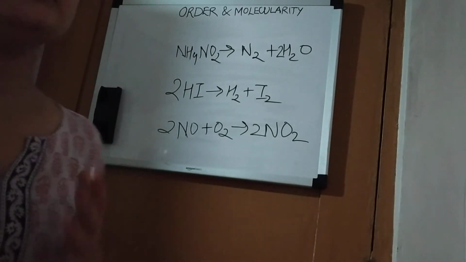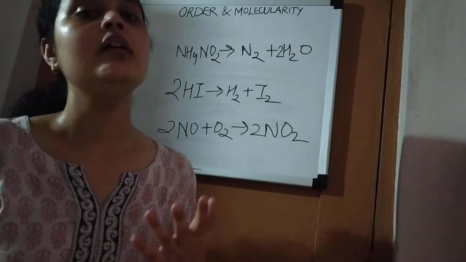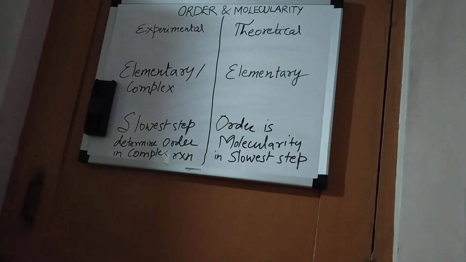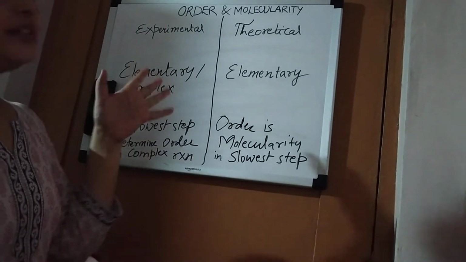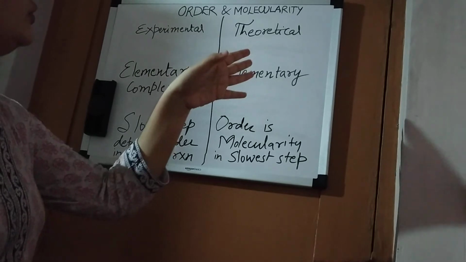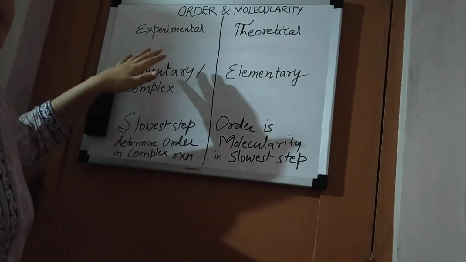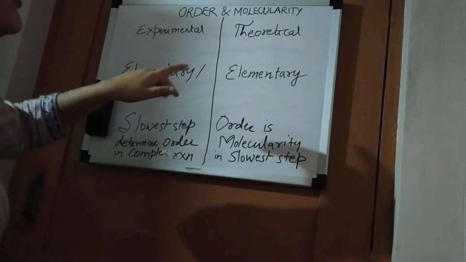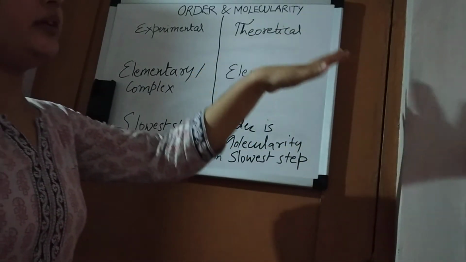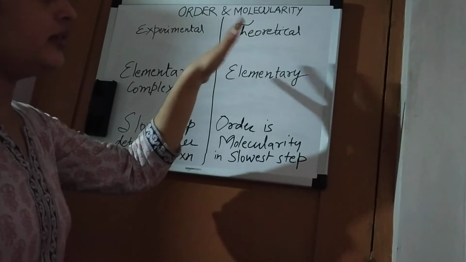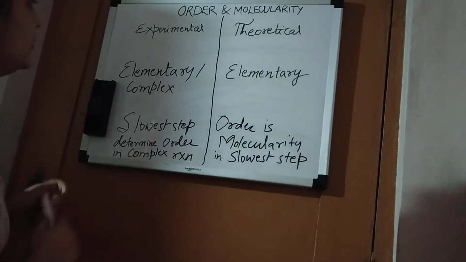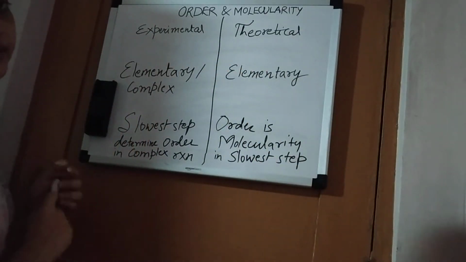Now we'll see what are the differences between order and molecularity. These are the basic differences. Order is an experimental quantity. You can determine order only experimentally, but molecularity can be determined theoretically, like by seeing the elementary reaction. We can't determine order by seeing the elementary reaction.